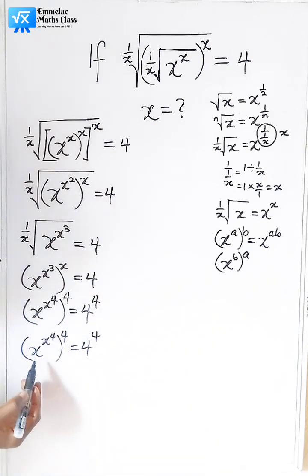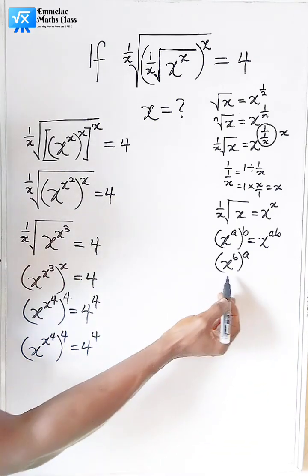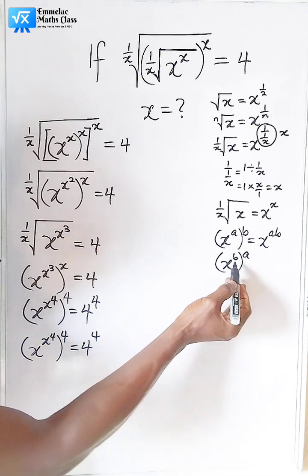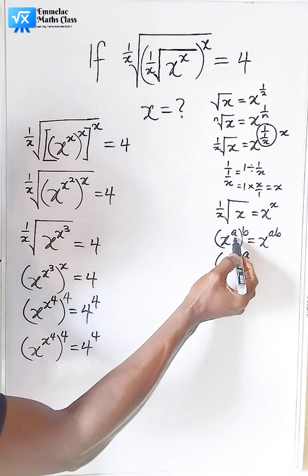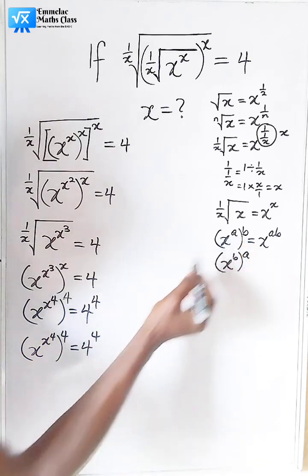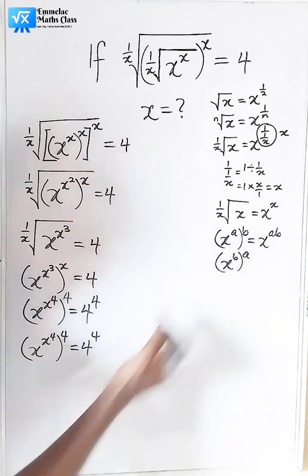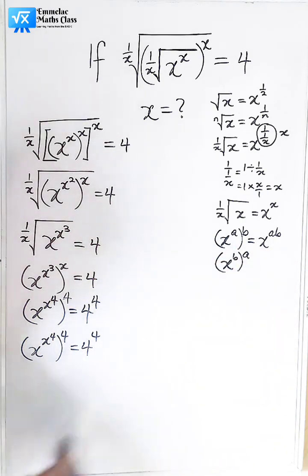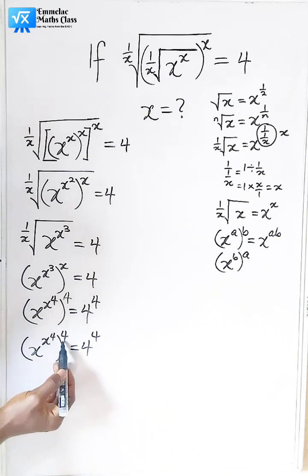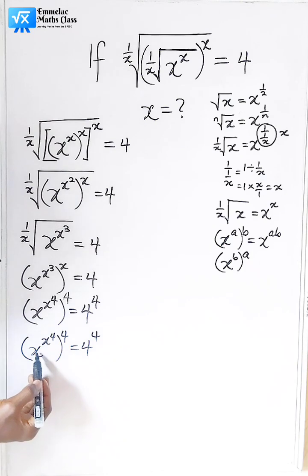Now looking at this, x is the base, and x raised to the power of 4 is a, and 4 is b. If we switch this, 4 can also be the exponent of the base x.